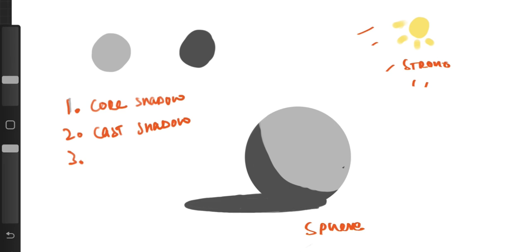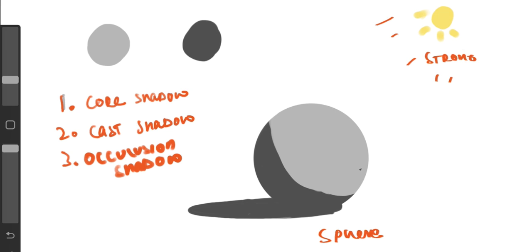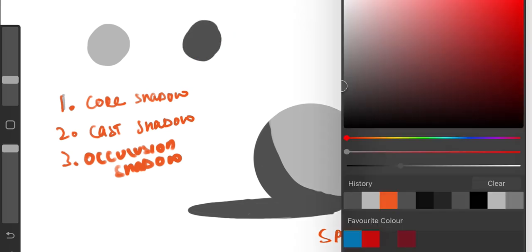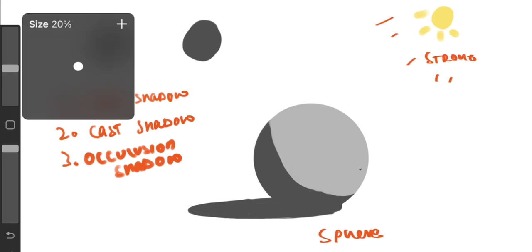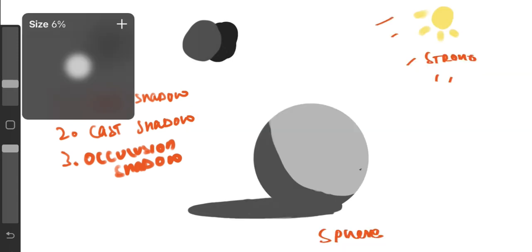And number three shadow is called occlusion shadow. Occlusion shadow is the dead shadow where the light cannot pass, and that is this area. See, the light can come from here and it can reflect here, but it cannot go here. It cannot go under this area. So that area is called occlusion shadow. And for that, what we will do is we will choose this dark value that I have selected, and I will go one step down, and I will get my occlusion shadow, and I will use a soft brush for this.